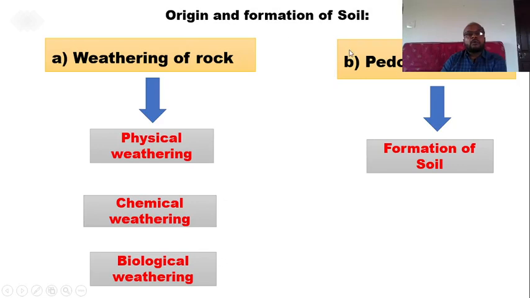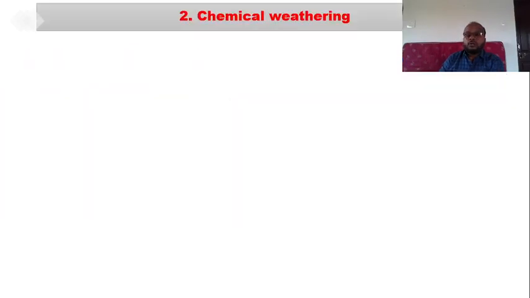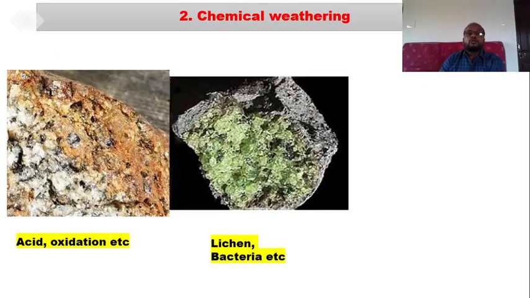The soil is formed by two processes: one is weathering of rock and the other is pedogenesis. Pedogenesis means actually the formation of the soil, where soil particles are mixed with organic matter, that is, plant and animal remnants, and then it forms the soil. So this is about the origin and formation of the soil.